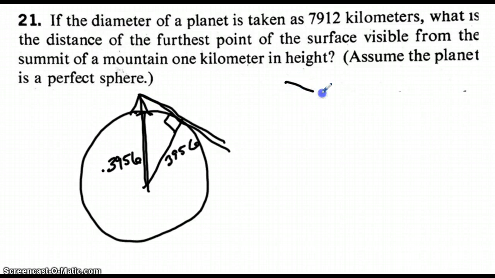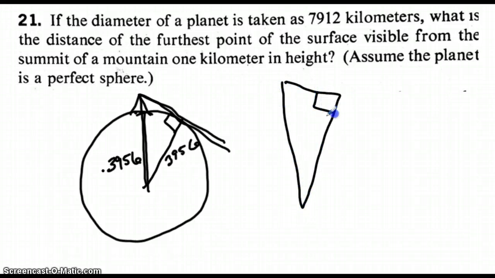So basically, we have a right triangle with side length 3,956 and hypotenuse 3,957. We just need to know this side length, which is your line of sight from the top of the mountain back down to the planet. Two of the three sides are known, so we can use the Pythagorean theorem to calculate this missing side.